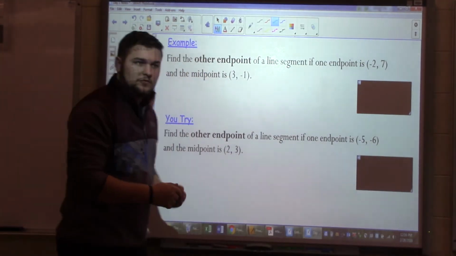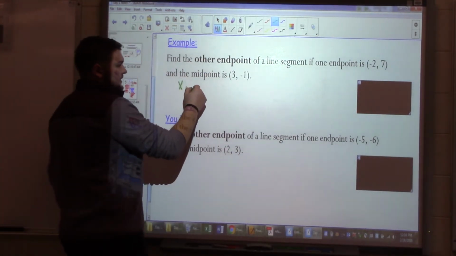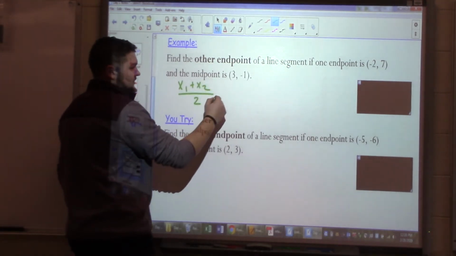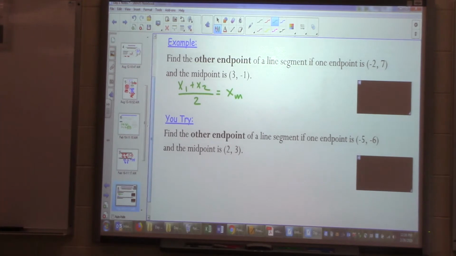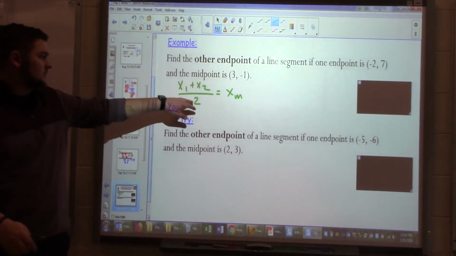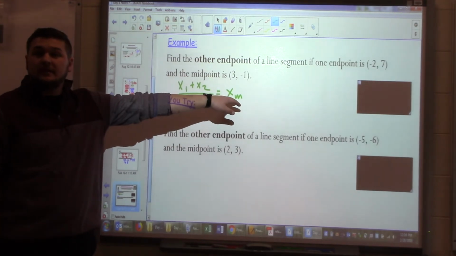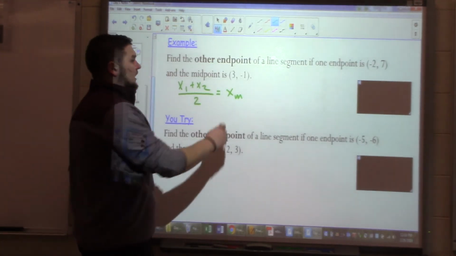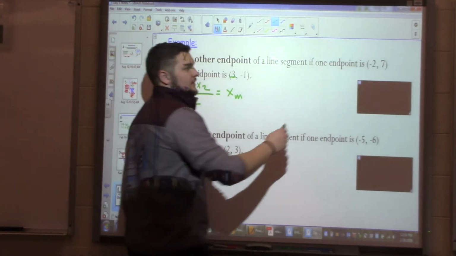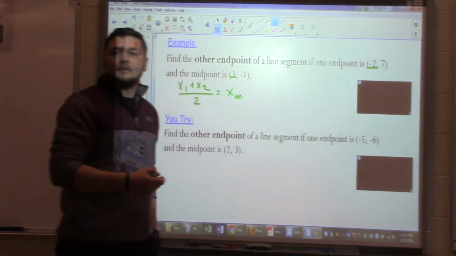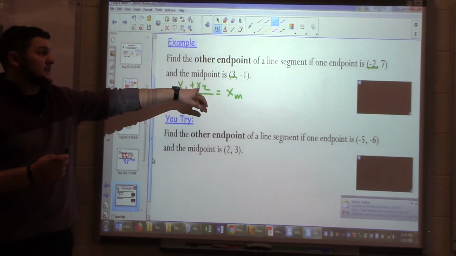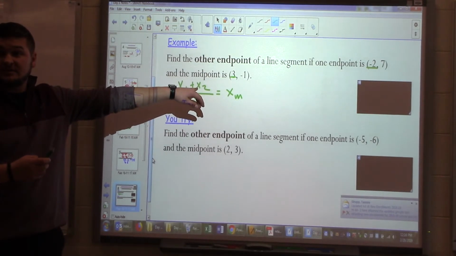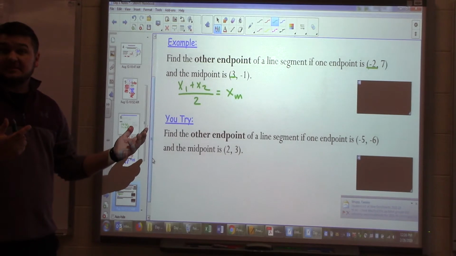Our midpoint formula: x1 plus x2 over 2 gives us the x for the midpoint, right? Well, I know the x for the midpoint, and I know x1. So can I maybe just plug those in and find the x value for my second endpoint? Does that make sense?